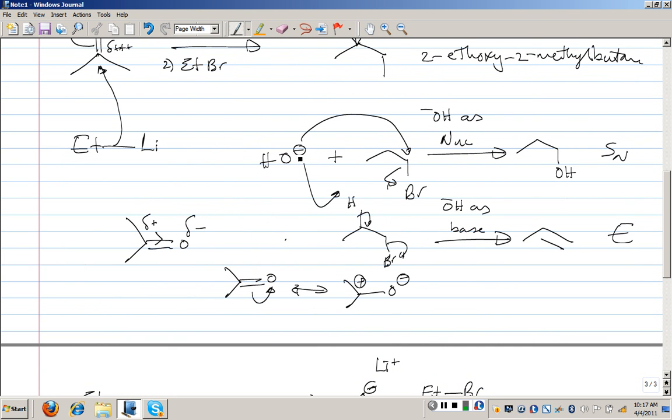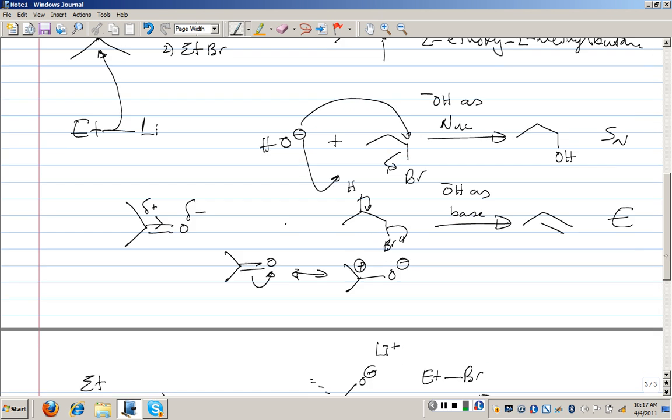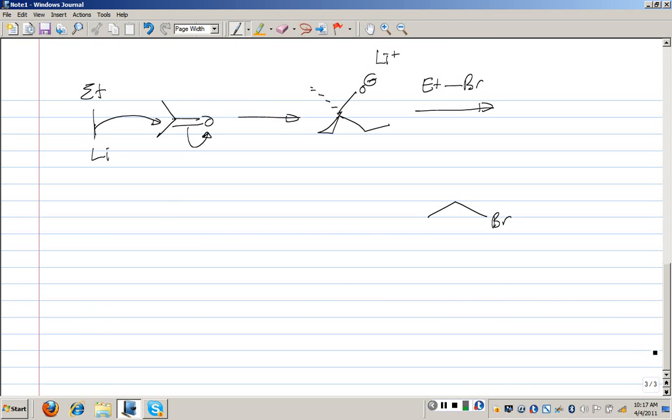If it's acting as a nucleophile, the O gets incorporated into the product. Well, that's what I did. So the O minus then must be attacking the ethyl. I'll kick out the bromide, and we'll end up with our product, which is this compound, O ethyl, and then my ethyl group, which is the product of the reaction.